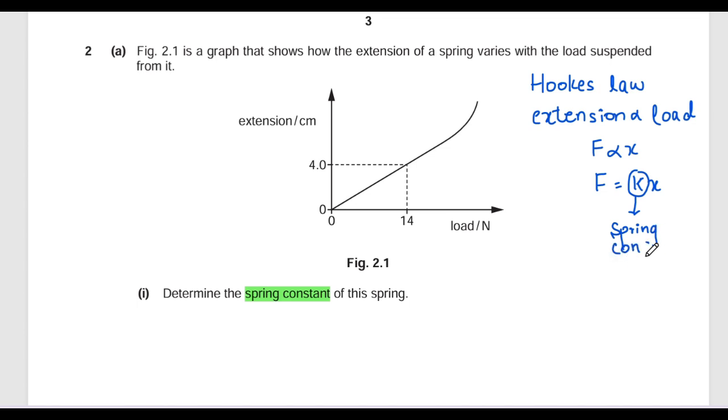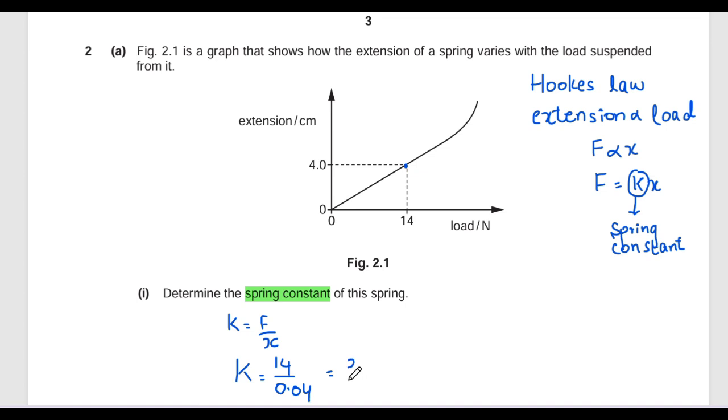So from here we can get the equation of the spring constant. Spring constant is equal to the load divided by the extension at any certain point on the graph. So I am just taking the points that the question has given us. At this point we see that the load is 14, so I'll write 14 in place of F, and the extension is 4 centimeter, but let me convert this into meters, and it would be 0.04 meters.